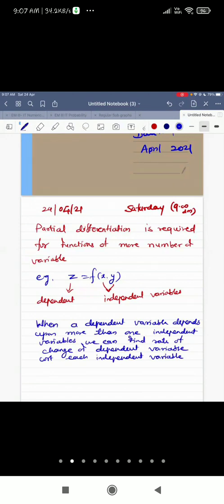And this is called partial differentiation.